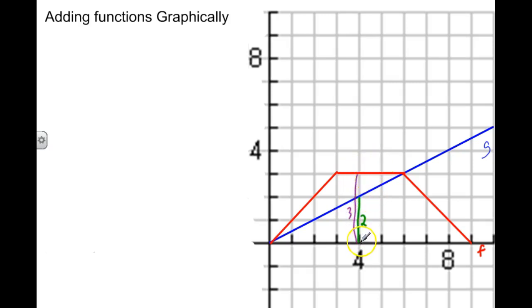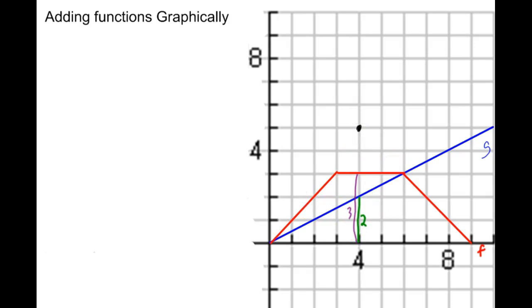When x is 4, that's the points (4, 2) and (4, 3). So if you add up those two y values, the resulting function would be (4, 5). So that point is what you get when you add up those functions at 4.